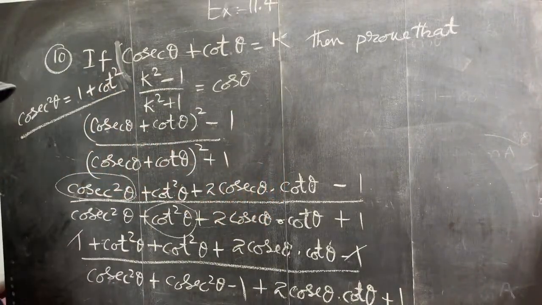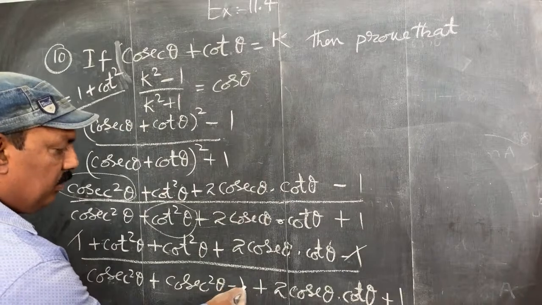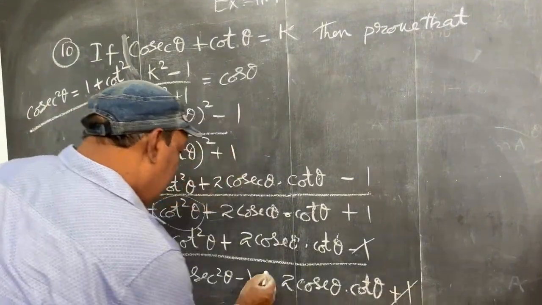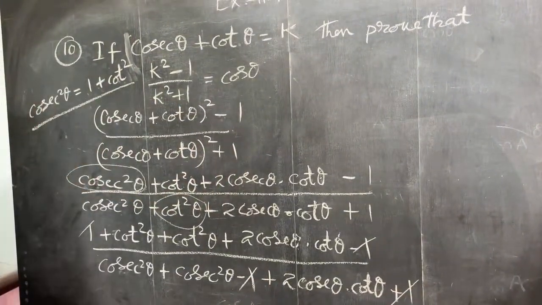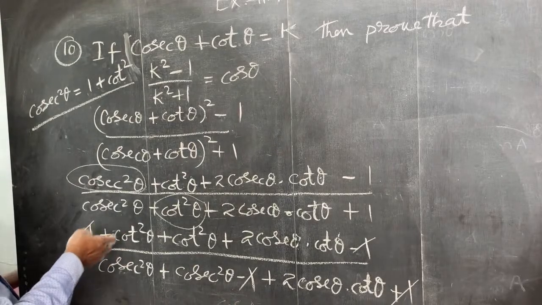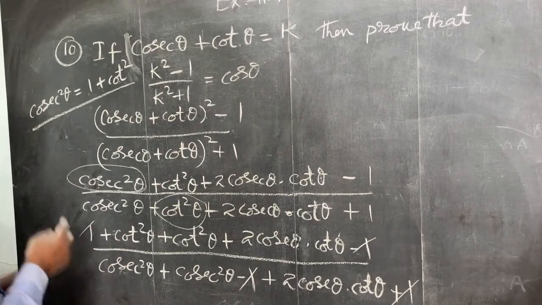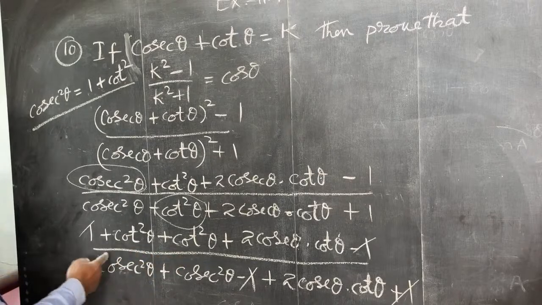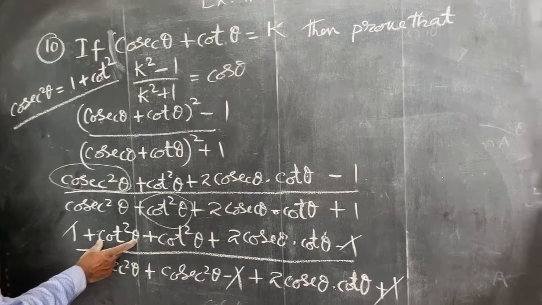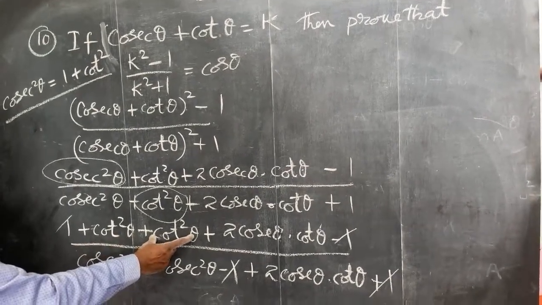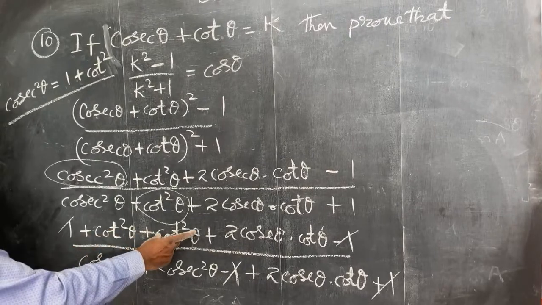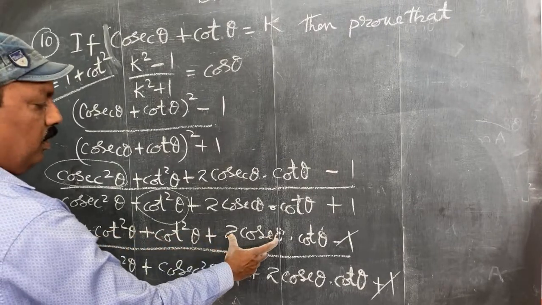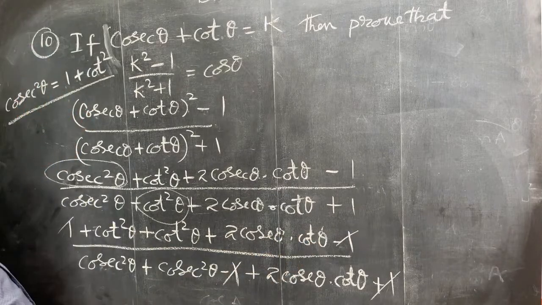So here you can see carefully, here minus 1, here plus 1 going to get cancelled, and the next step is you carefully check here. After cancellation, you are having cot square theta plus 2 cosecant theta into cot theta left over.